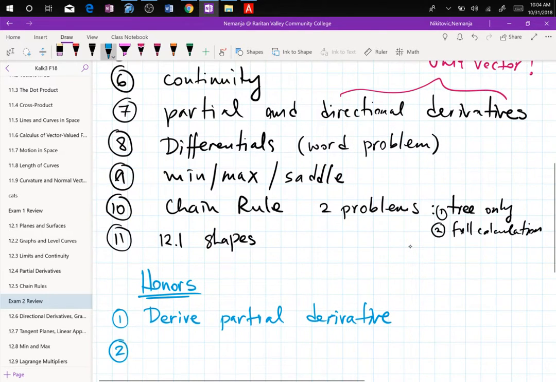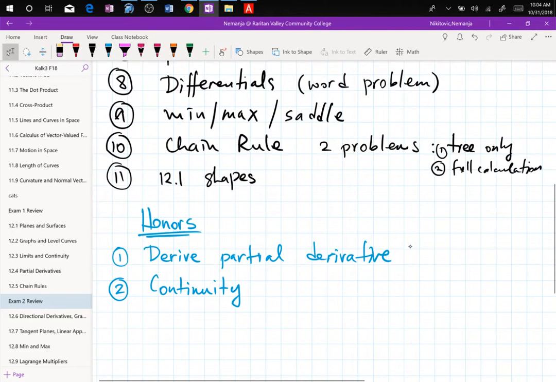Number 2, continuity. So everyone needs to know continuity rules 1, 2, and 3. For the honors section, going deeper into the concepts of continuity with either a problem or something like that.